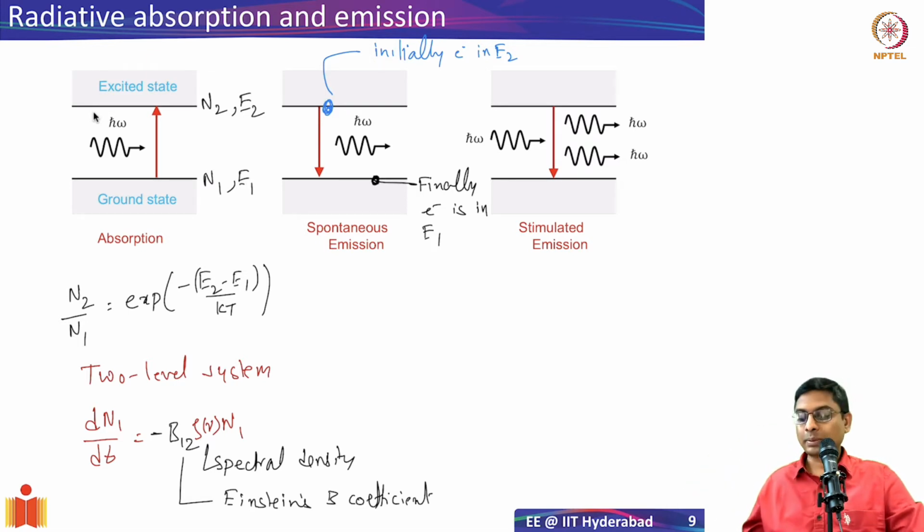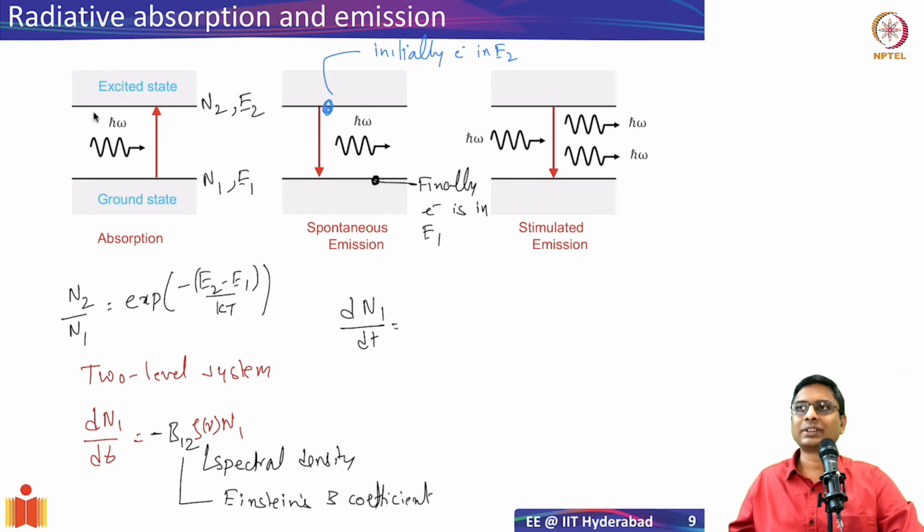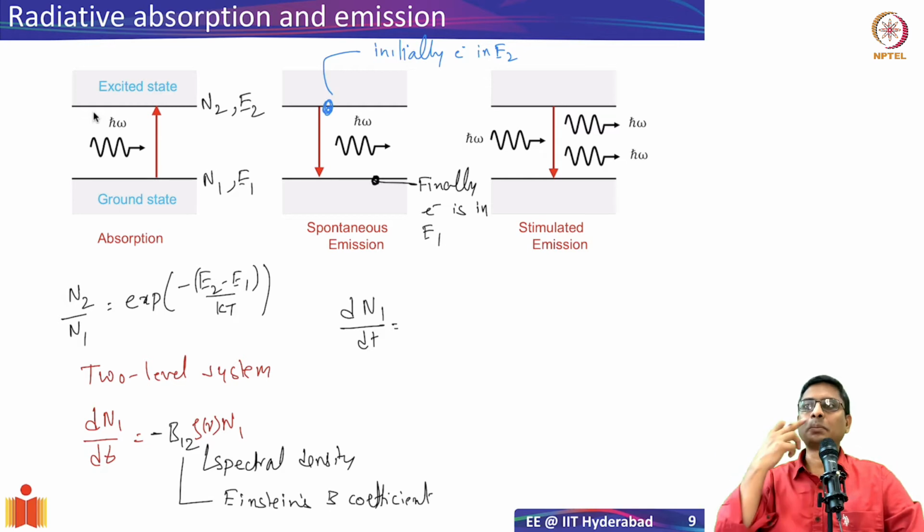Now what does that depend on? If I can write a similar equation now, I can write dN2, basically how the population of N2 is changing, or I can even write dN1, there's no problem.